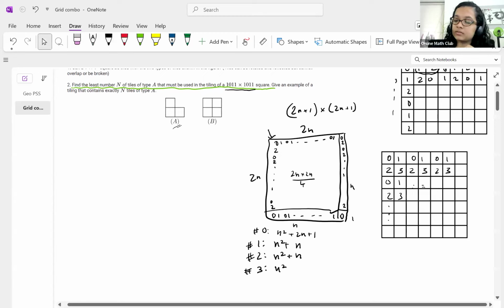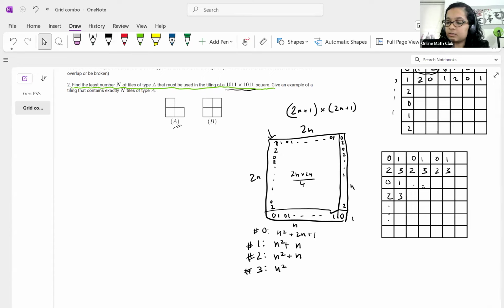So we know that, so can we relate this to the number of tiles of type A and the number of tiles of type B? For a tile of type A, we know that it's leaving out some square here. And this can be a 0 or a 1 or a 2 or a 3. So based on that, we can classify the tiles of type A into 4 different types, right?